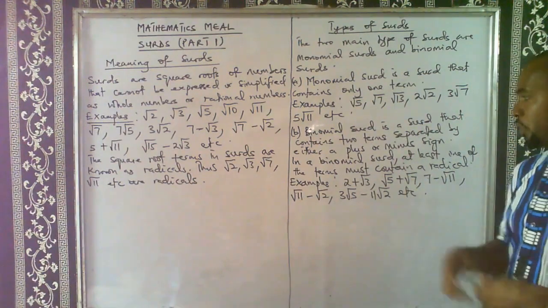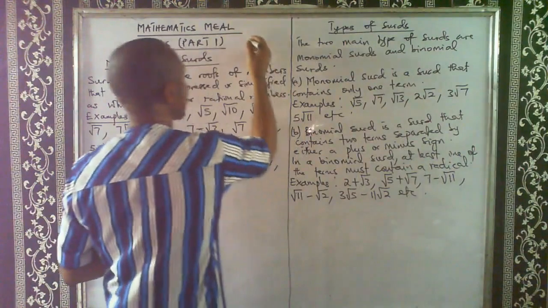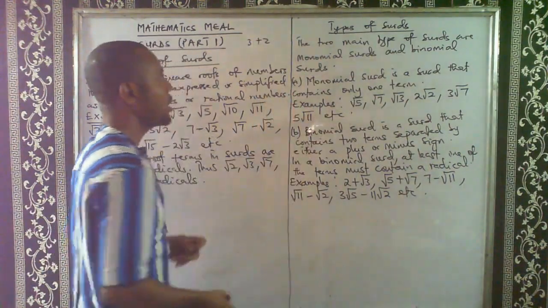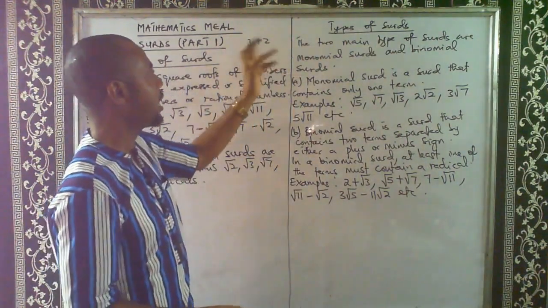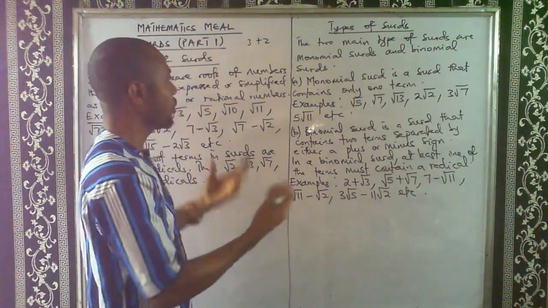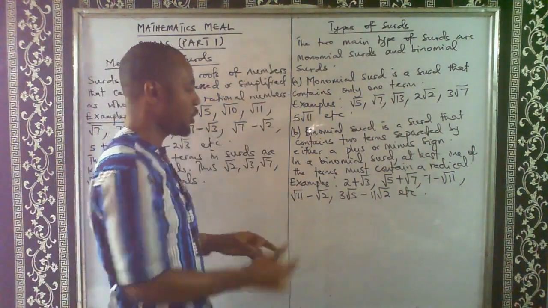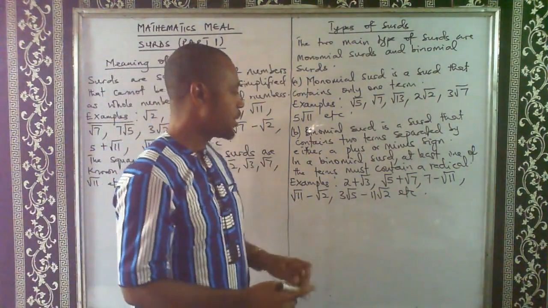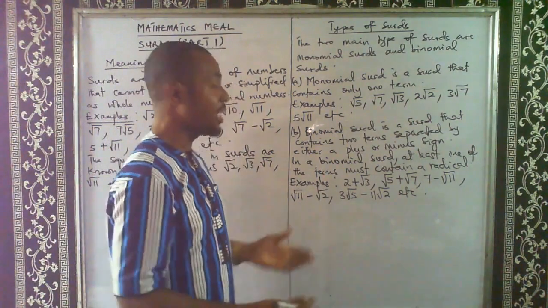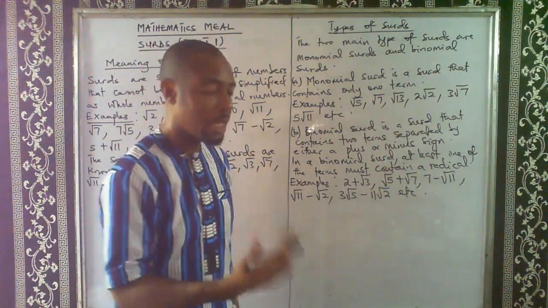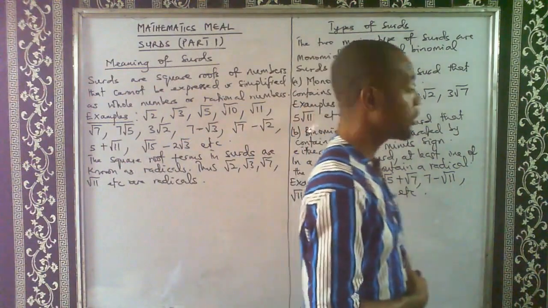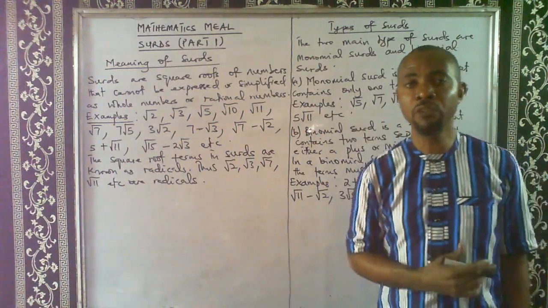A radical. So if we have something like 3 plus 2, this is not a binomial surd, these are ordinary numbers, we don't have any radical, so it's not a surd. So in a surd, at least one of the terms will contain what? A radical. It's still possible that the two terms can contain what? Radicals.